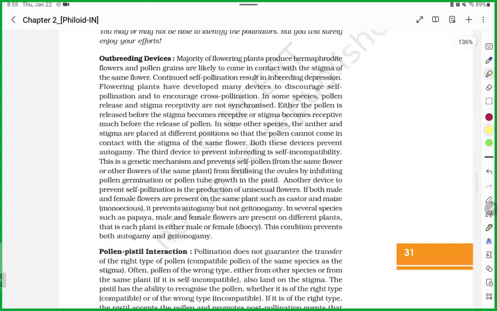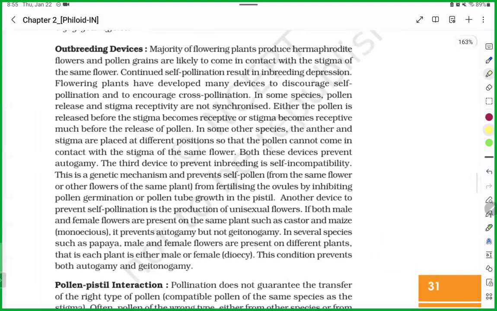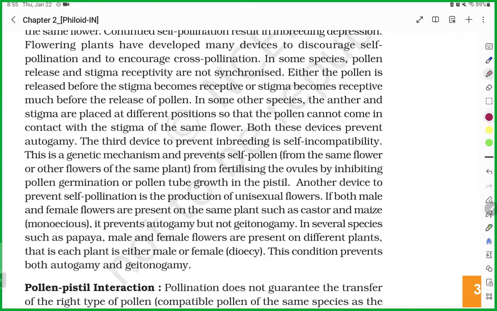See, this is important. If both male and female flowers are present on the same plant, like castor and maize, monoecious, it prevents autogamy but not geitonogamy. It can't prevent geitonogamy because it is present on the same plant.